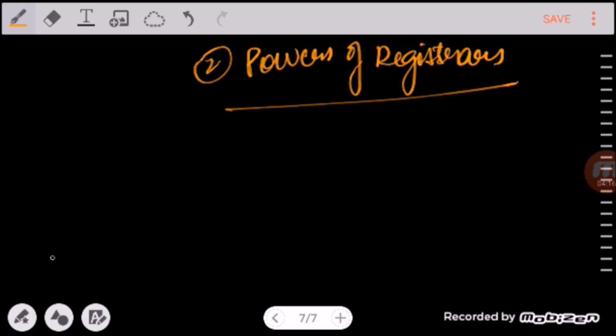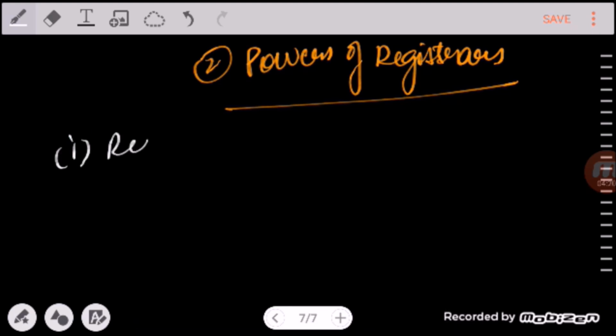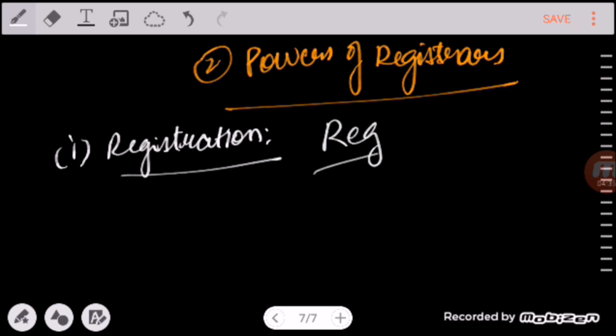First point is registration. The registrar is the competent person to register a trade union. So who registers a trade union? He is the registrar. He shall maintain a register of trade unions.